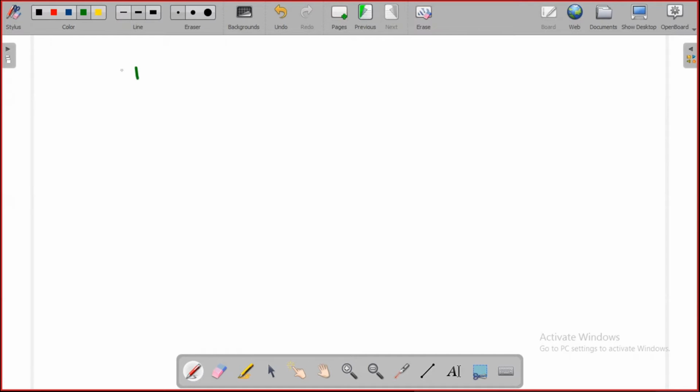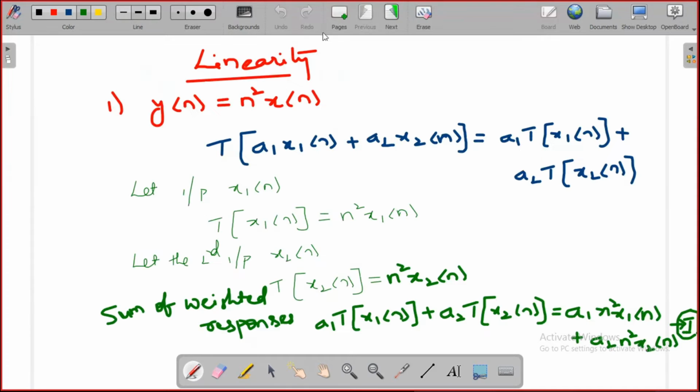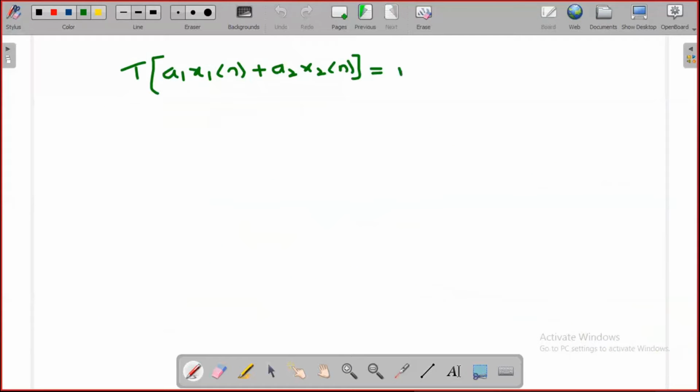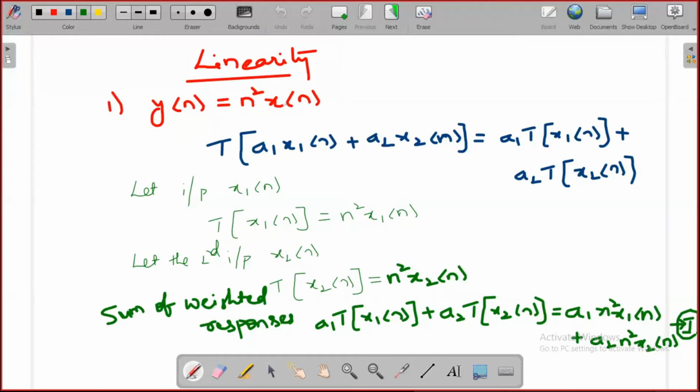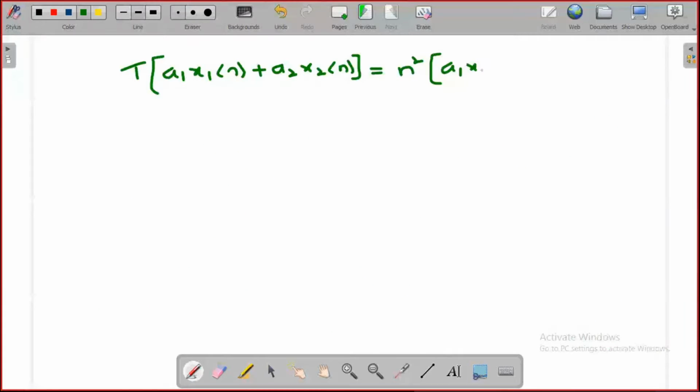That is T of a1 x1 of n plus a2 x2 of n is equal to... In the given system, in place of x of n you need to write a1 x1 of n plus a2 x2 of n, that is n square into a1 x1 of n plus a2 x2 of n.